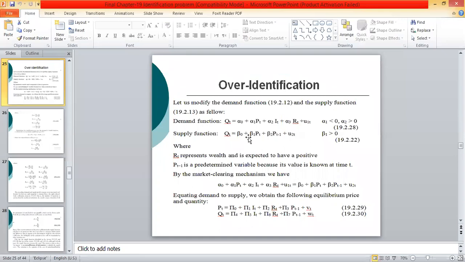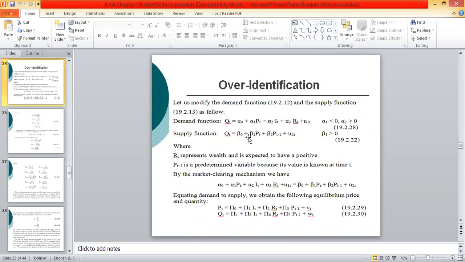So place these values into the formula: capital K minus small k greater than or equal to m minus 1. Capital K is 3, and small k for the supply function is 1. So 3 minus 1 compared with m minus 1. M is 2, so 2 minus 1 is 1. So we have 2 greater than 1.